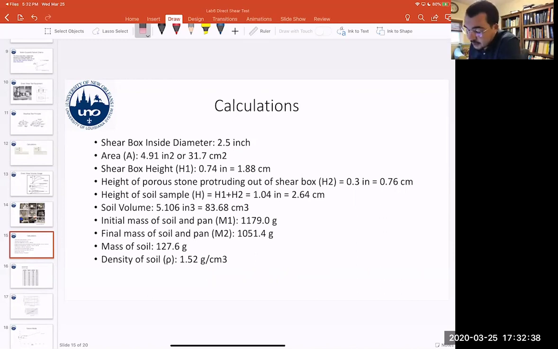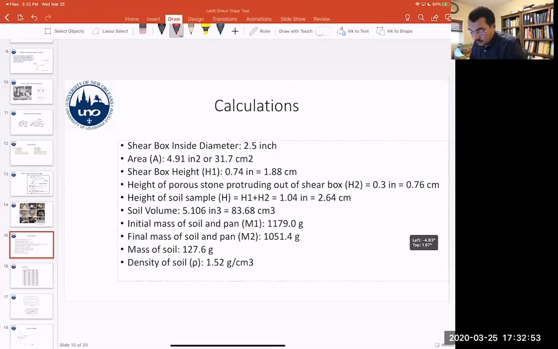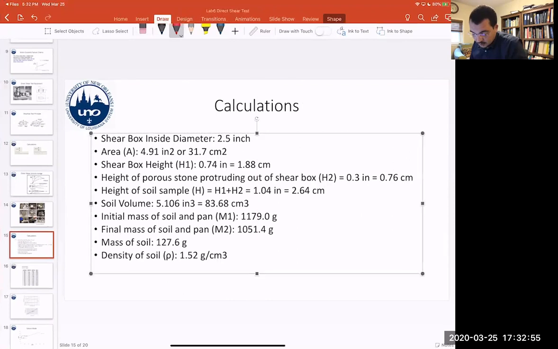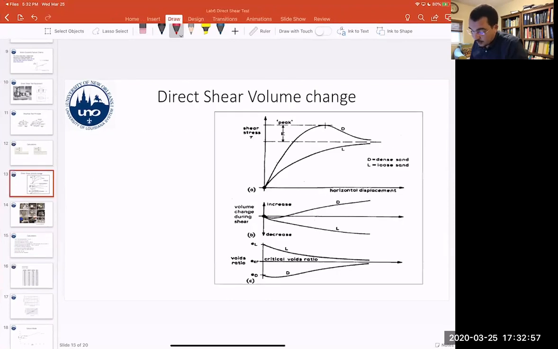This is the soil volume, initial mass of soil in, and then the final mass. From that, you can calculate the soil density or dry density of the soil, and that's a very simple calculation. If you wanted to do a void ratio plot, that's also easily done because we have all the measurements that we need to calculate the void ratio.